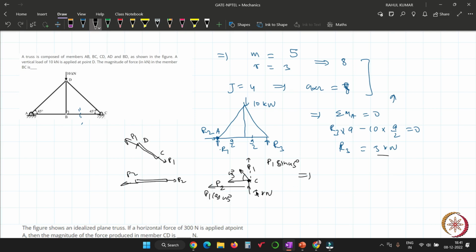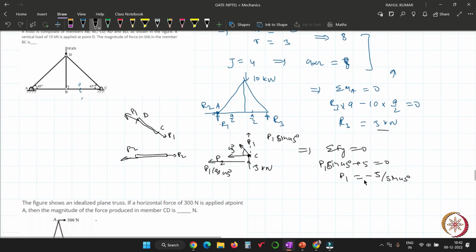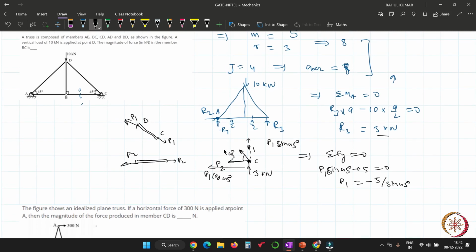If you write the equilibrium equation in the vertical direction, the summation of Fy equals 0. So P1 sine 45 degrees plus 5 equals 0. So P1 equals minus 5 divided by sine 45 degrees. Here, what value do you have to determine?